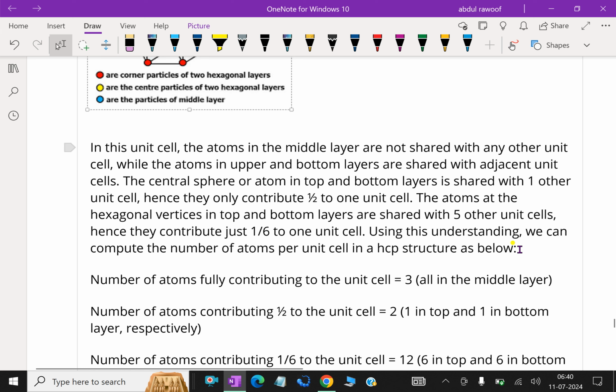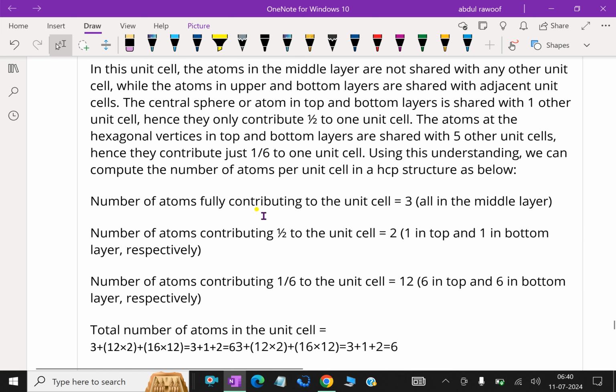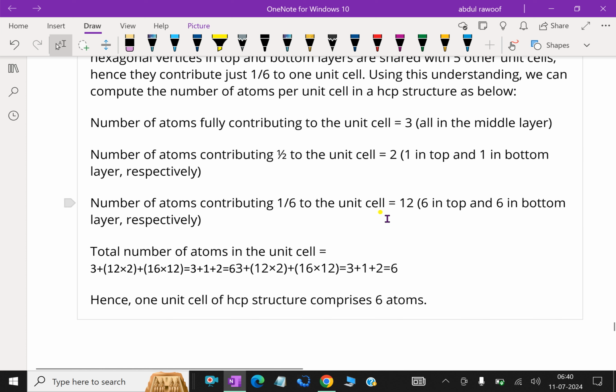Using this understanding, we can compute the number of atoms per unit cell in the HCP structure as follows. The number of atoms fully contributing to the unit cell is 3, all in the middle layer. The number of atoms contributing half to the unit cell is 2, one in the top and one in the bottom layer. The number of atoms contributing 1/6 of the unit cell is 6 top and 6 bottom, totally 12.